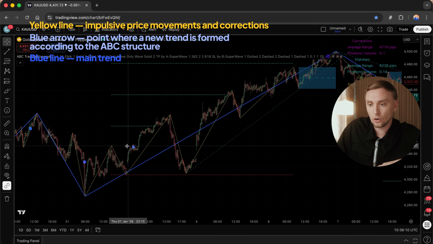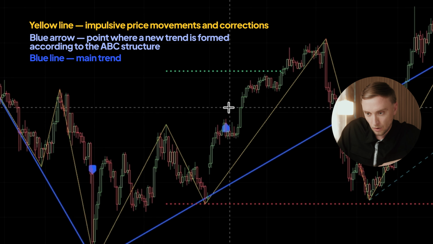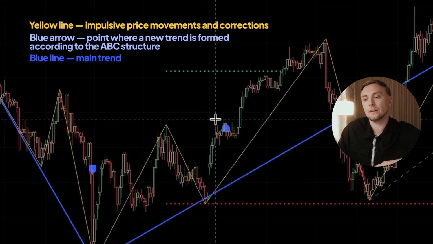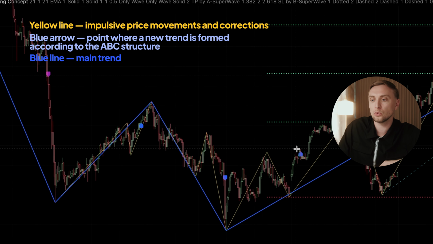At the beginning of the trend, when this pattern happens, it will mark us with this blue arrow. But if you check the indicator, you'll be able to see two types of arrow.